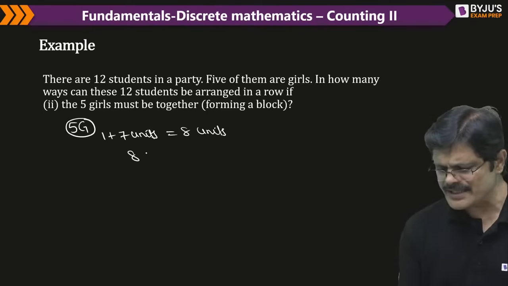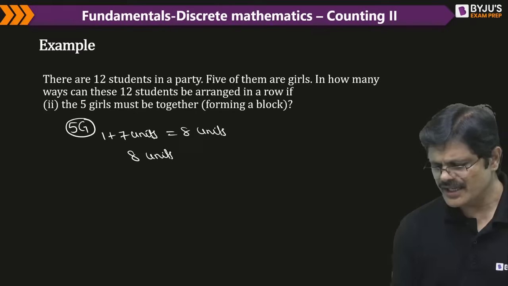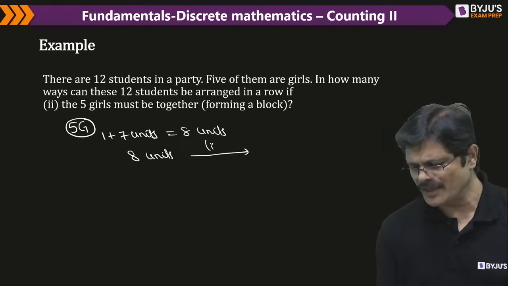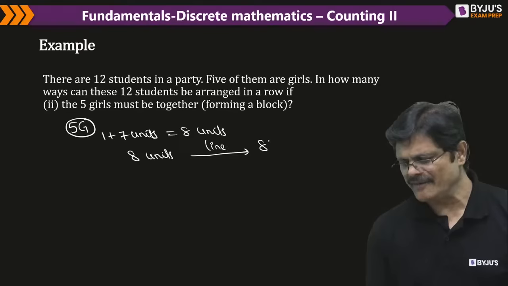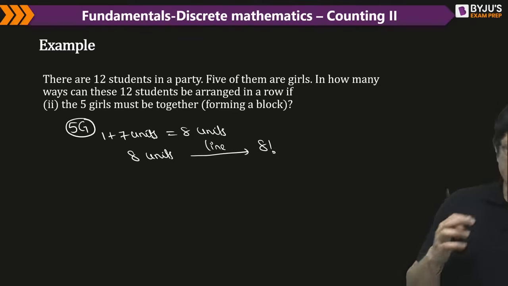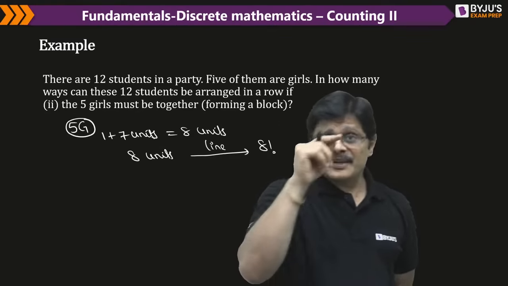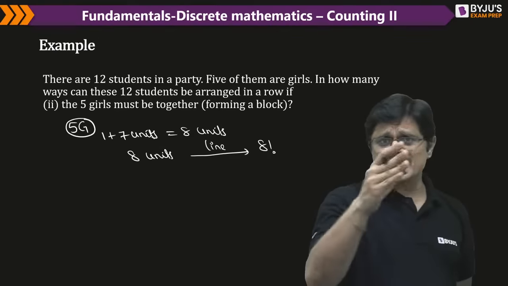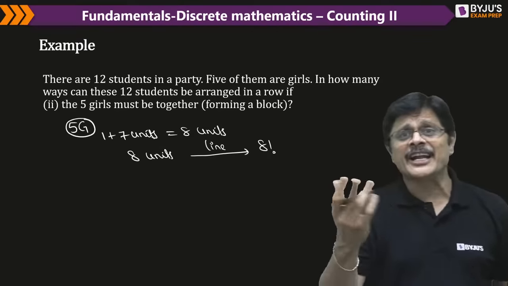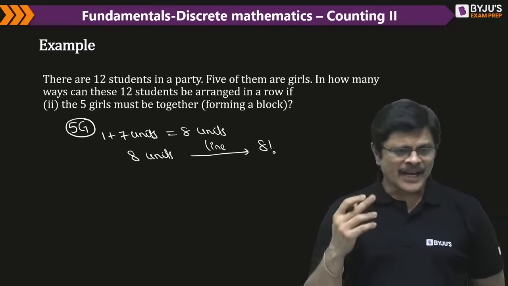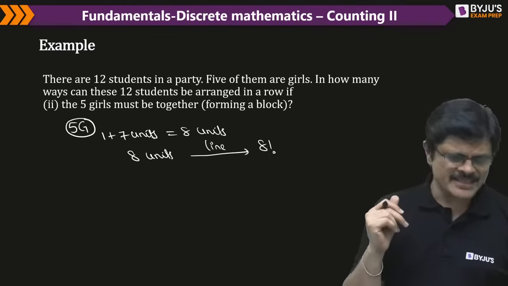So 8 units can be arranged in a line in how many ways? 8 factorial ways. But I said 5 girls together. I never said this girl first, this girl next, like that. I have not given any ordering for the girls.